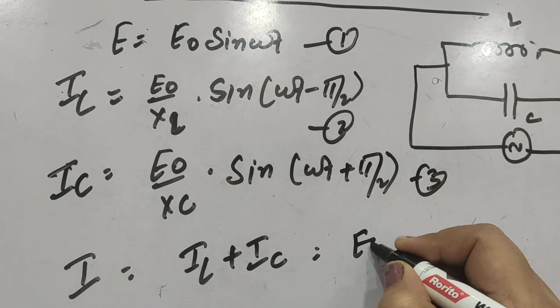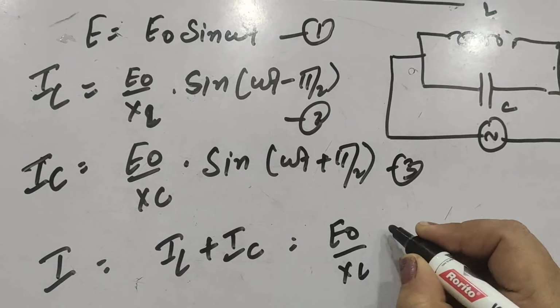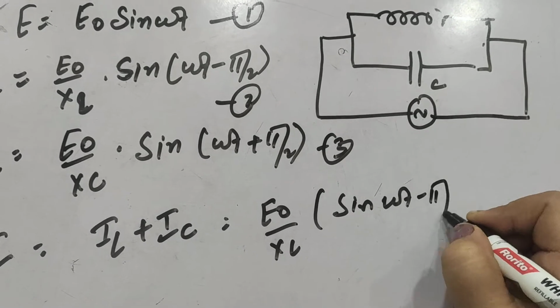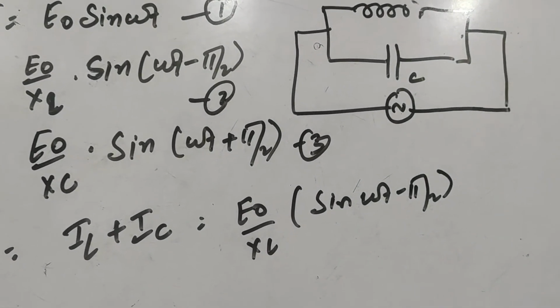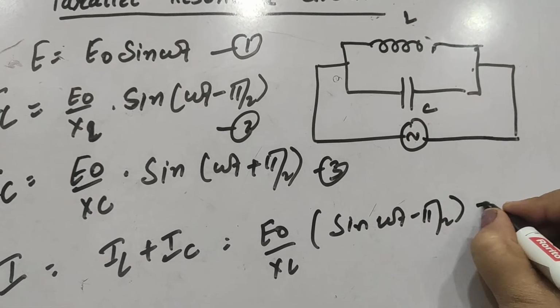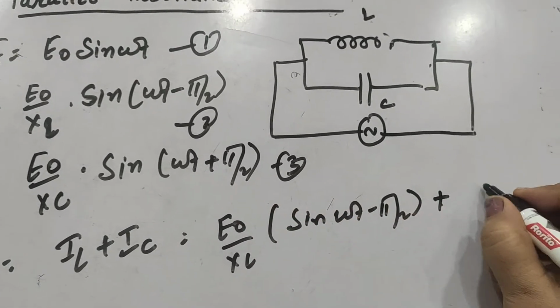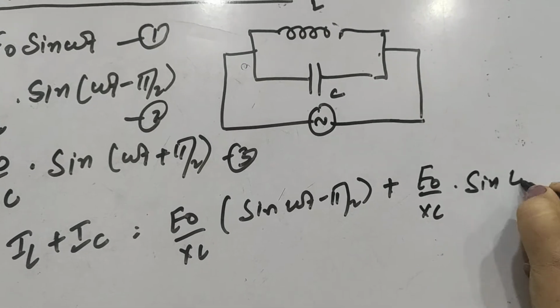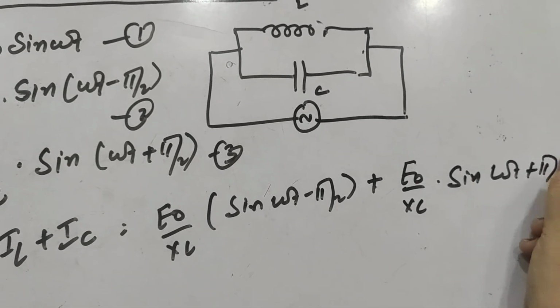This is E naught by XL sine of omega t minus pi by 2 plus E naught by XC sine of omega t plus pi by 2.